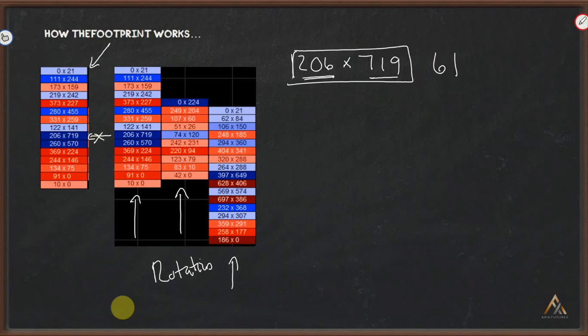Don't worry too much about that. All you need to understand is that if we were trading between price points 60 and 62, at price point 61 there was an interaction where the sellers sold 206, but the buyers bought 719.